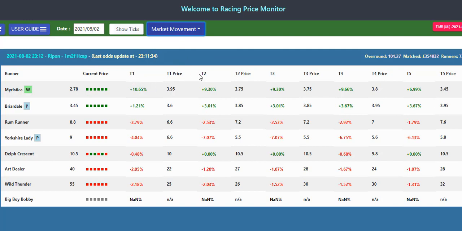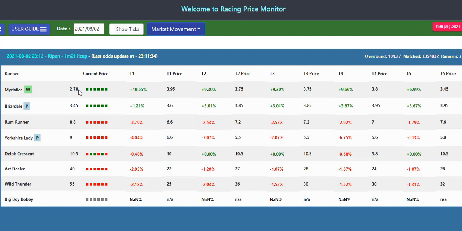We have T1, T2, T3, and we can set these to time zones. So the T1, this is 30 minutes out, 60 minutes out for T1, 45 for T2, T3 is at a half hour mark and going down from there. Current price is what the price is right now, and as this race is finished, this was the starting price on the start time.